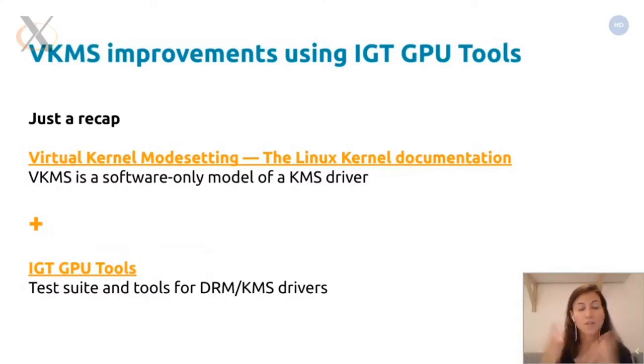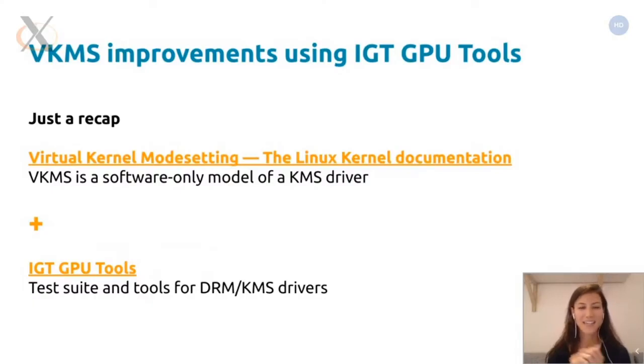VKMS is a software-only model of a KMS driver that enables a virtual display to test DRM and run X, and why not Wayland, in a headless machine. IGT is a set of tools to develop and verify the expected operation of DRM KMS drivers.